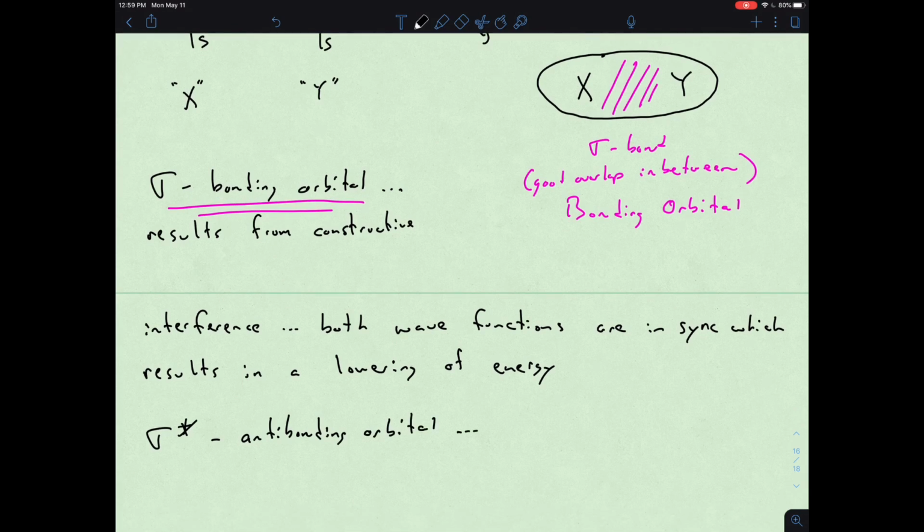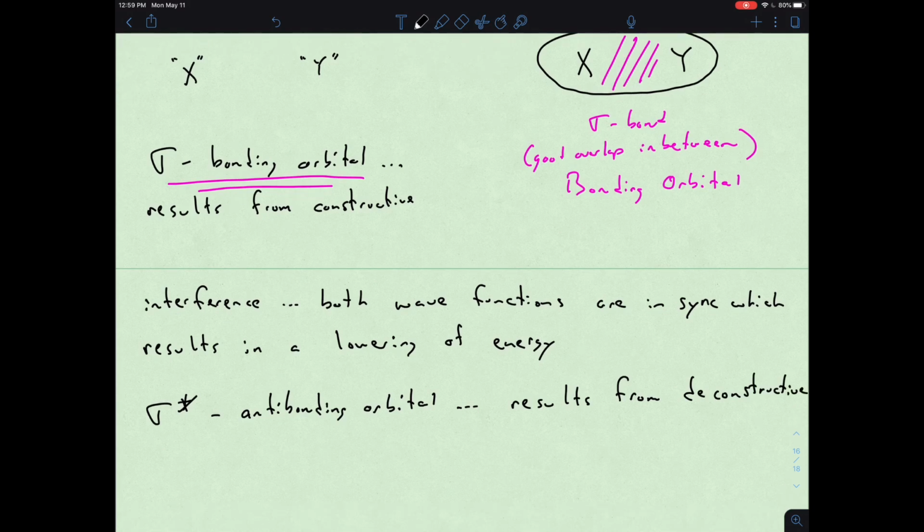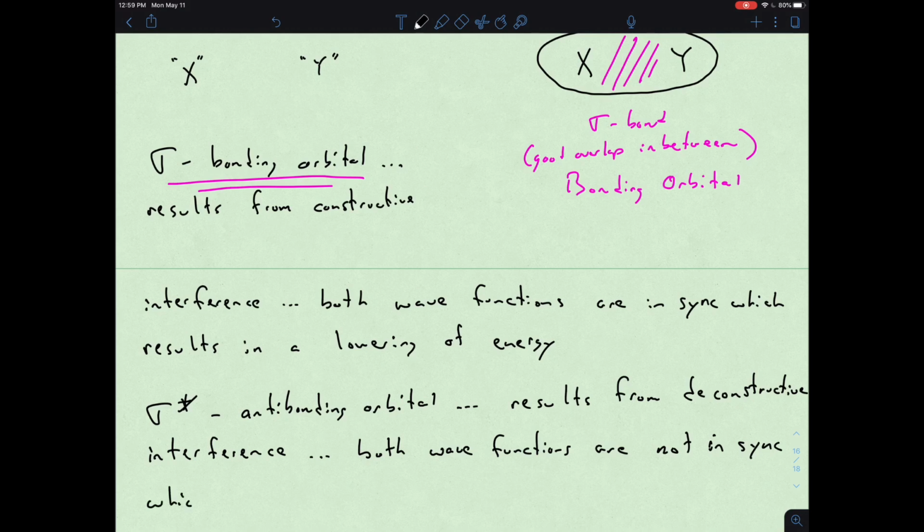And so this results from destructive interference. So you could say that both wave functions are not in sync. And so that results in a raising of energy.